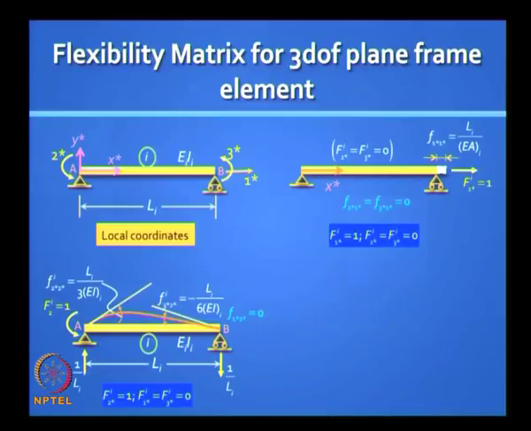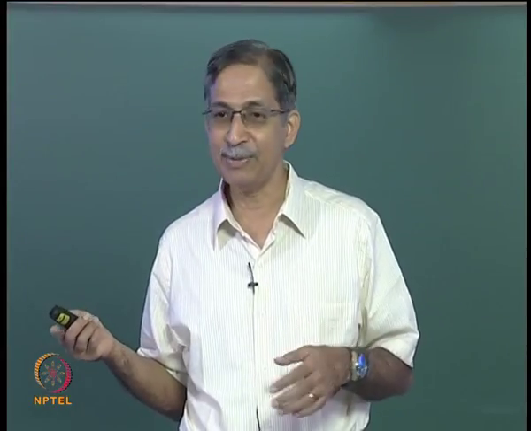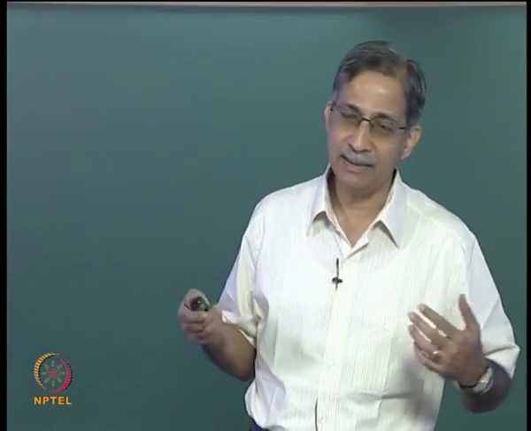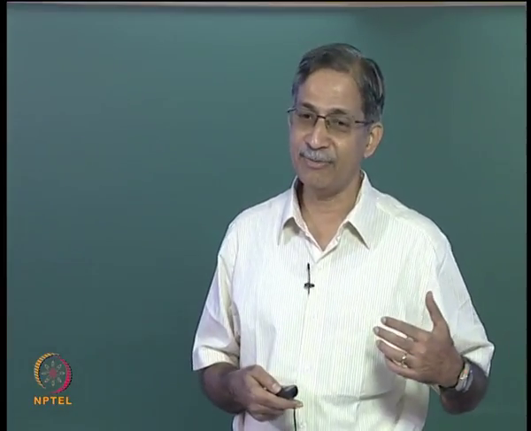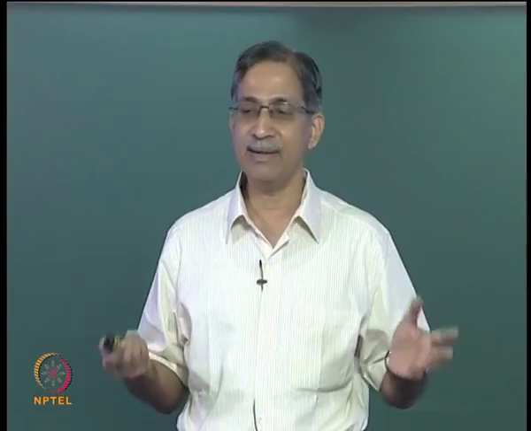So now you are doing what you did for the beam. You get rotations of L by 3EI and L by 6EI. One will be anti-clockwise, the other will be clockwise. You don't have any axial change in length. That's an assumption we are making, because we are saying that the flexibilities don't interact. The axial degree of freedom and the flexural degrees of freedom are independent.